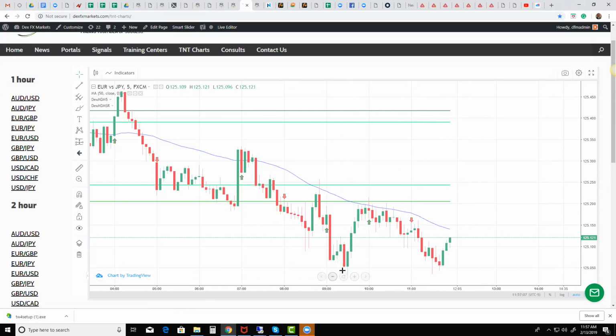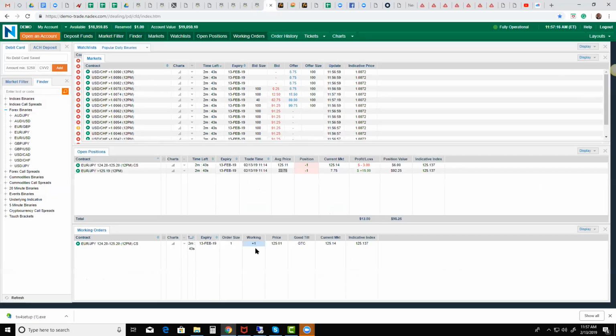If we just pin past it, maybe structure should have been set at 125.05 instead of 02, right? Because what was that done here? 01, right? So I probably should have set it to 05, but I probably put it out too much. I would have hit structure and I would have made my $9. That $9 would have been better than a $5 loss. Got what I'm saying?